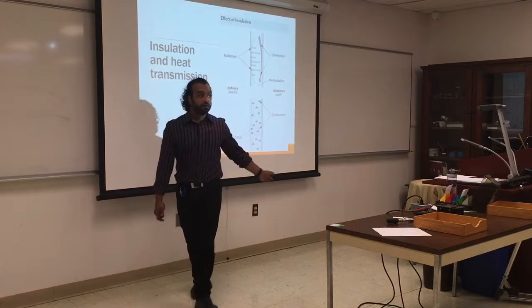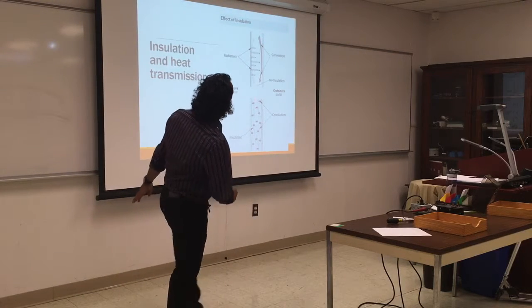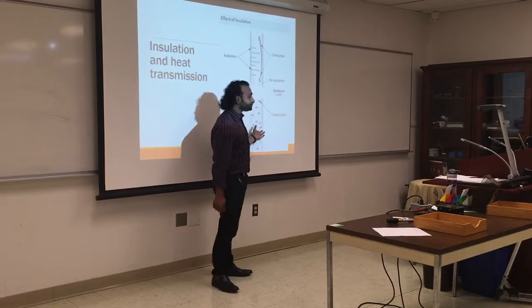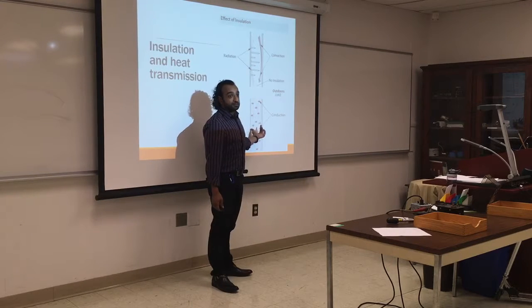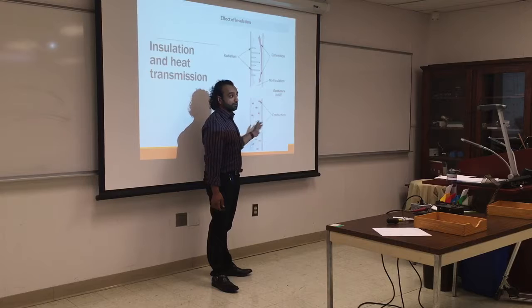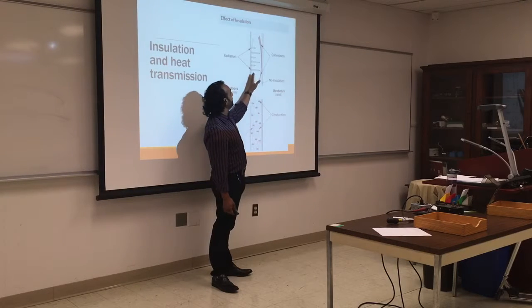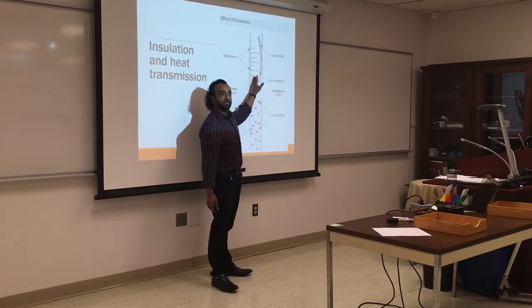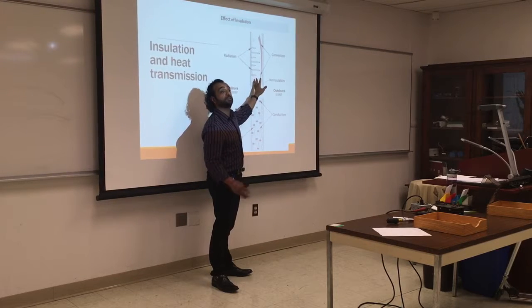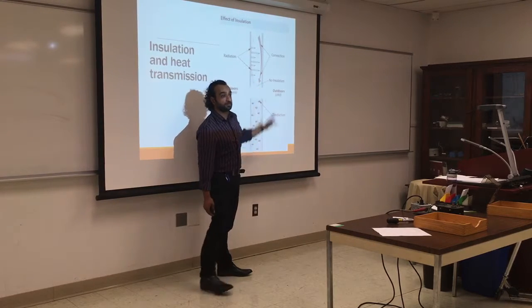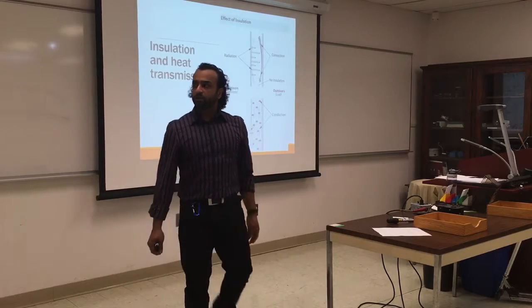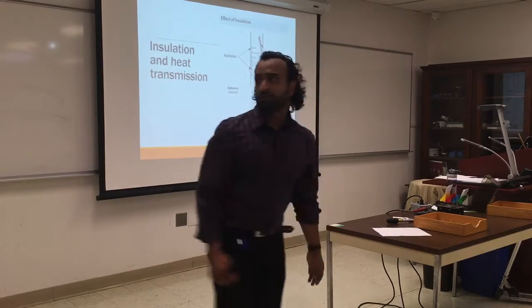But it's better to have insulation than an empty cavity. Depending on the insulation, you can transmit more or less heat. And if you fill the wall, you're going to eliminate radiation and reduce convection as well.